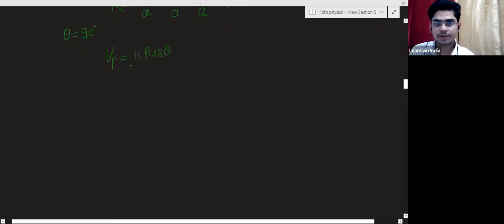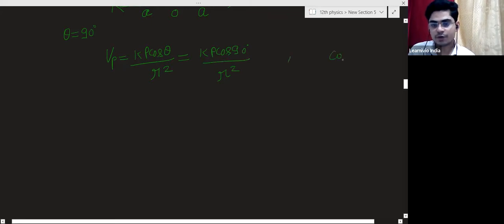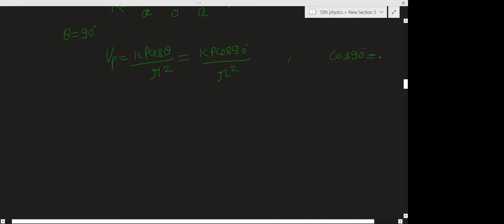Kp cos theta divided by r square. What is the angle? 90 degrees. Now divided by r square. And what is the value of cos 90? Anyone? Zero. Very good.